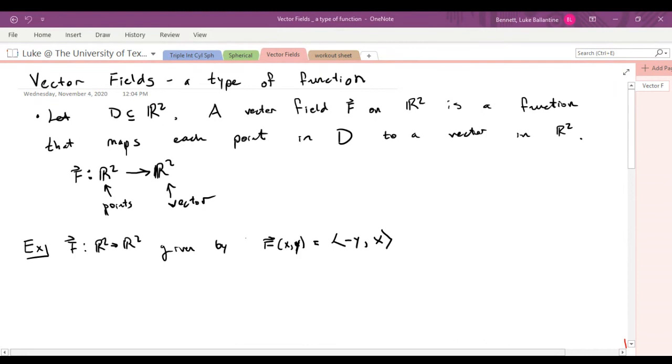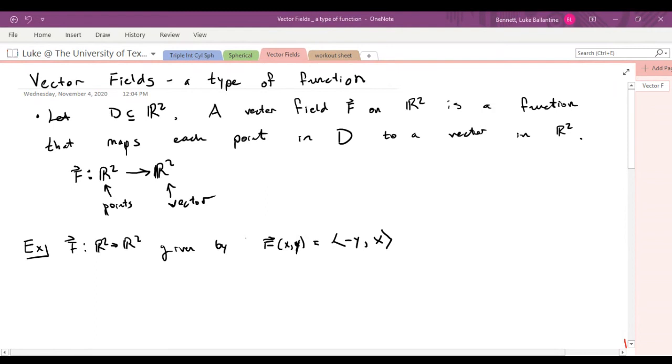So a vector field, we've already kind of dealt with some of these. Remember the gradient of a function. The gradient of a function is a special vector field. So now we're talking in more general terms. A vector field is a type of function. Let D be a subset of R2.